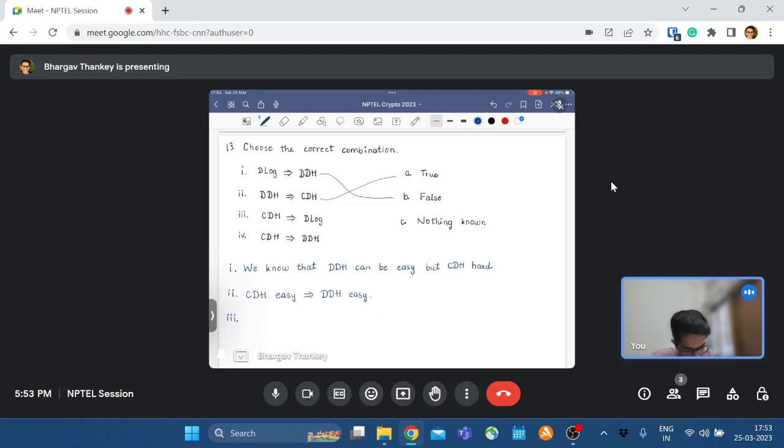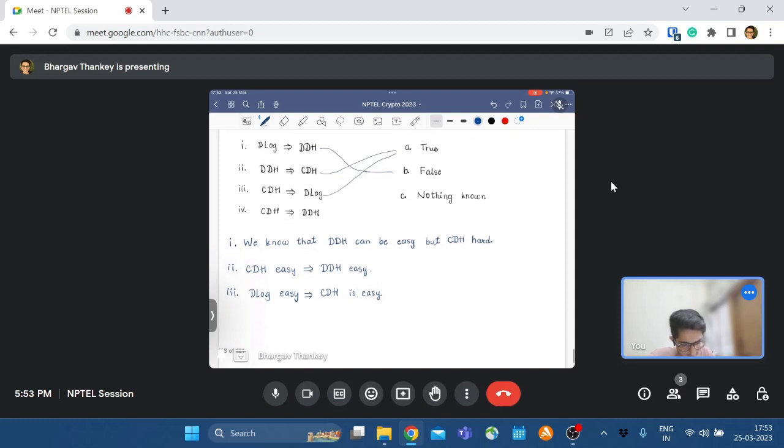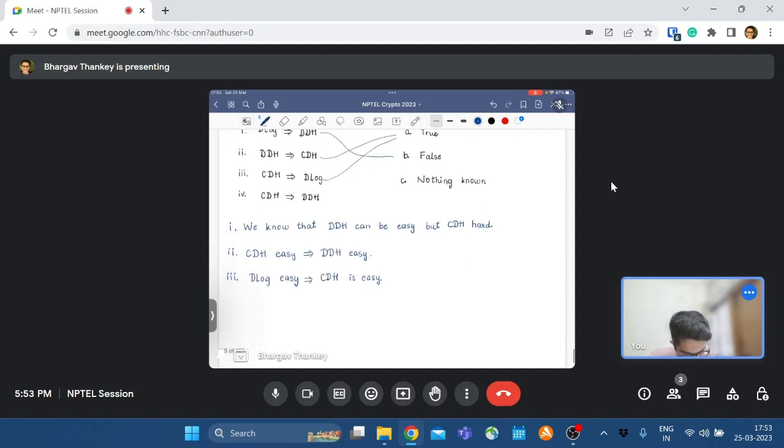CDH implies D log. We know that if D log is easy, then CDH is easy. The contrapositive would be if CDH is hard, then D log must also be hard, right? And four.